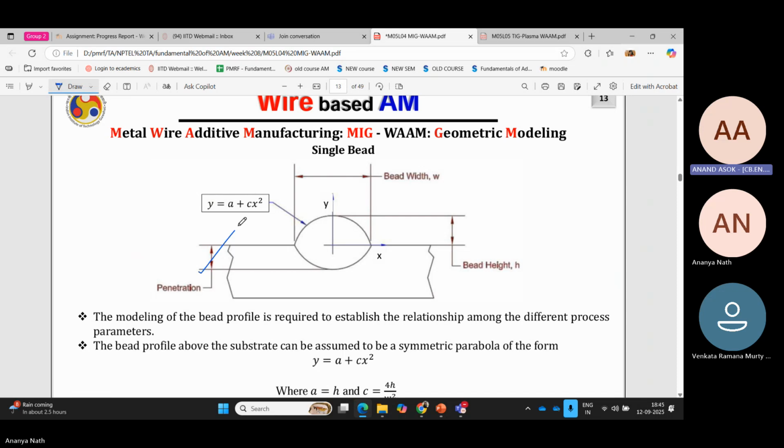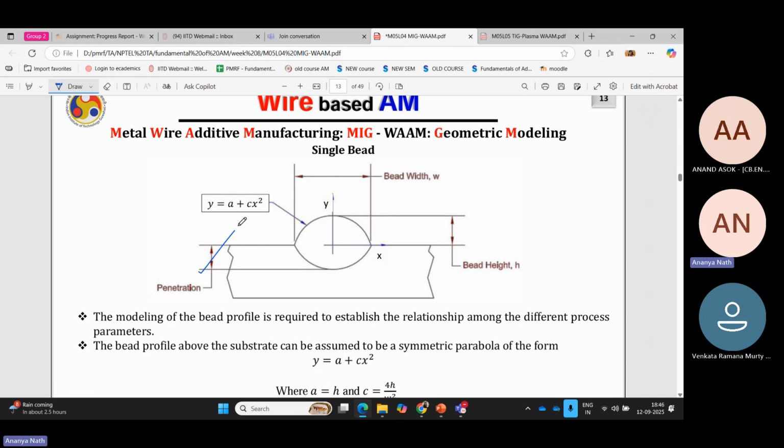If penetration depth is more, in the next layer deposition the top surface of the bead will be involved in melting. The bead height will be less if the penetration depth is more. So it will be easy to deposit the next layer.